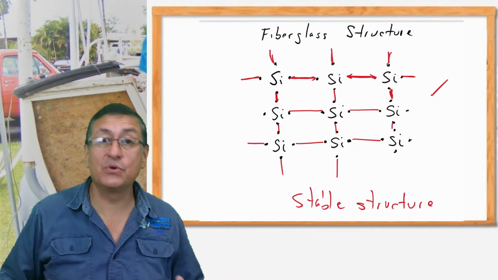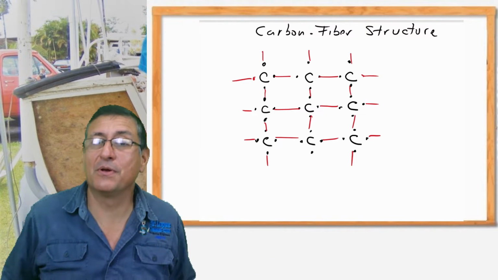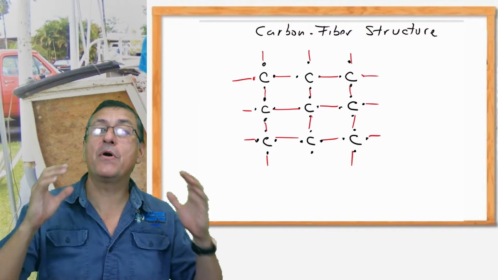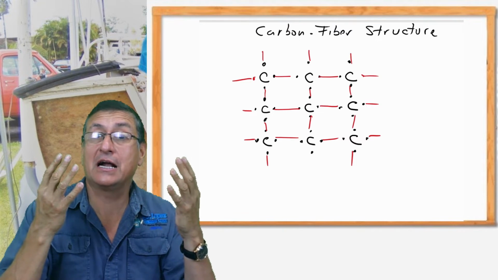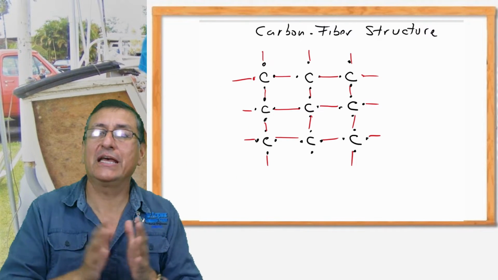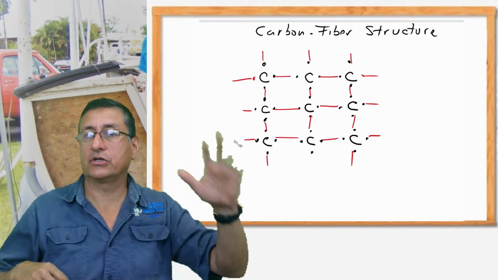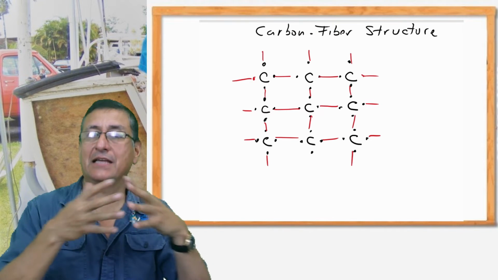Exactly the same occurs with carbon. Because carbon is also in group number 4, it has the same behavior as the previous one with silica. Both structures are perfect. Both structures are completely stable. They don't react with external elements, chemicals, oxygen attacks, because they are stable.